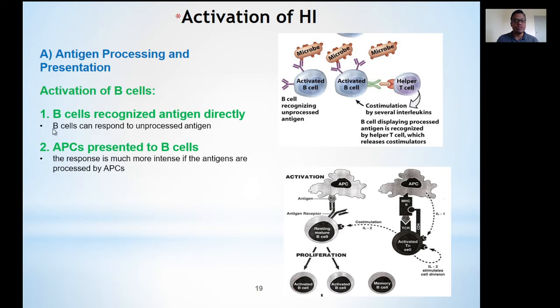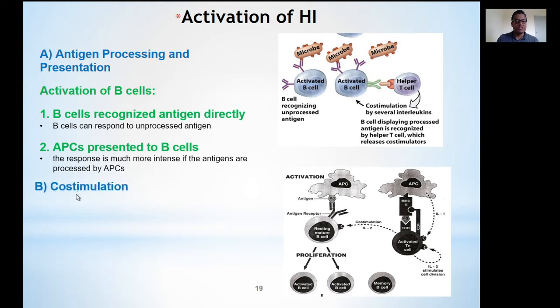So either the B cells themselves recognize the pathogen, or they are introduced to it by the APCs. When the antigens are processed by APCs, the response is much more intense.